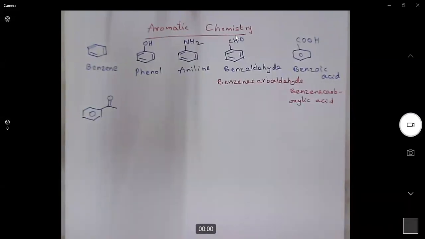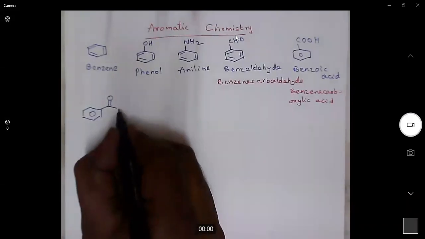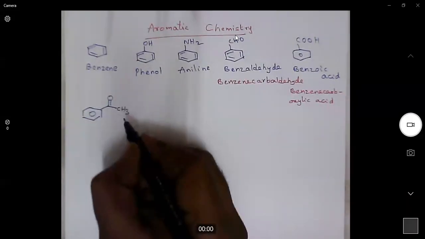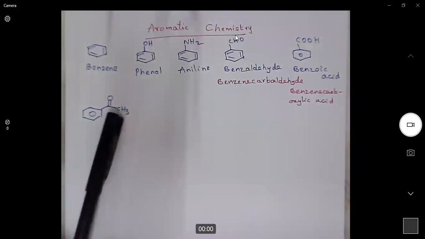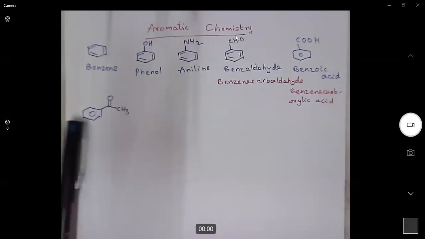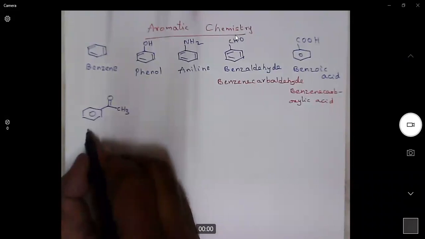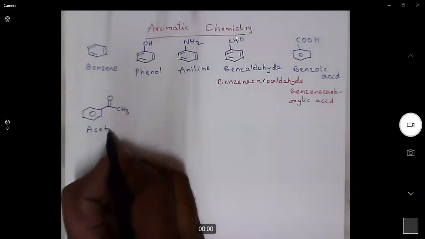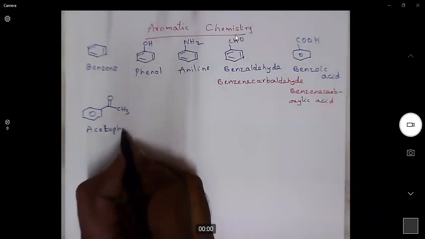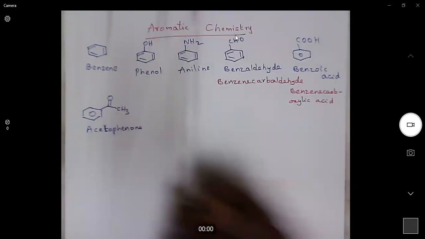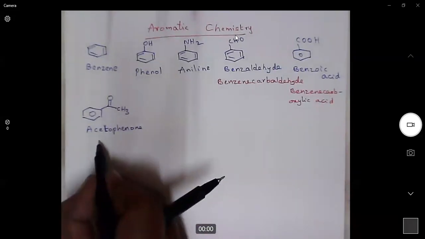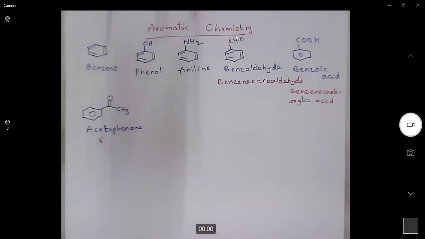When we have a ketone on the benzene, like a simple methyl ketone, methyl phenyl ketone, it is called acetophenone. Acetophenone doesn't have any IUPAC nomenclature.